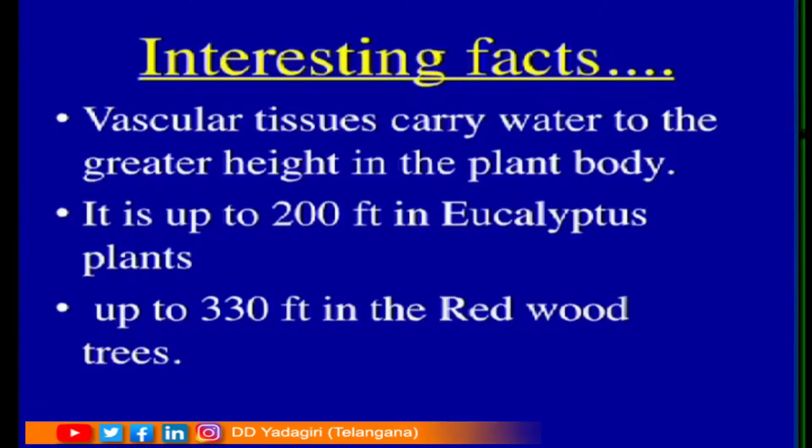Children, I am here to present an interesting fact about plants. Vascular tissue carries water to great heights in the plant body. It is up to 200 feet in eucalyptus plant and up to 330 feet in the redwood tree. So, just have a look at the tree here.